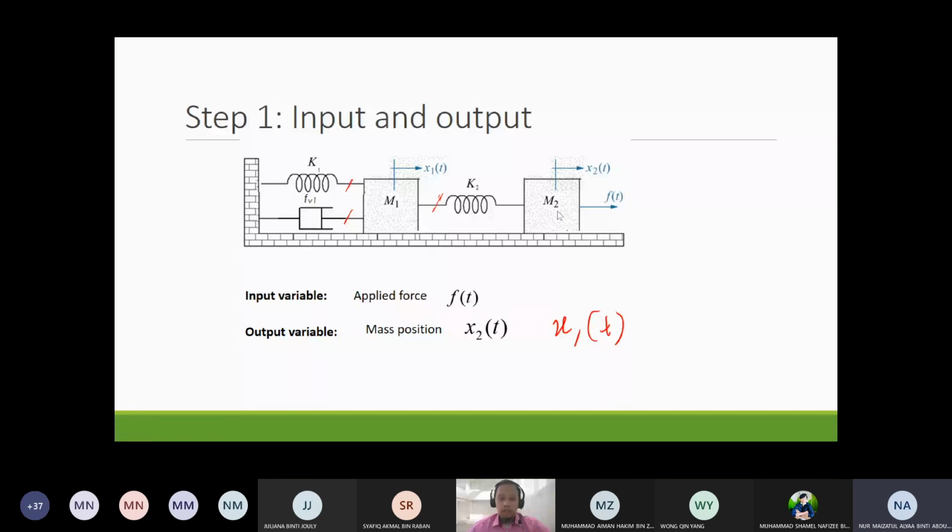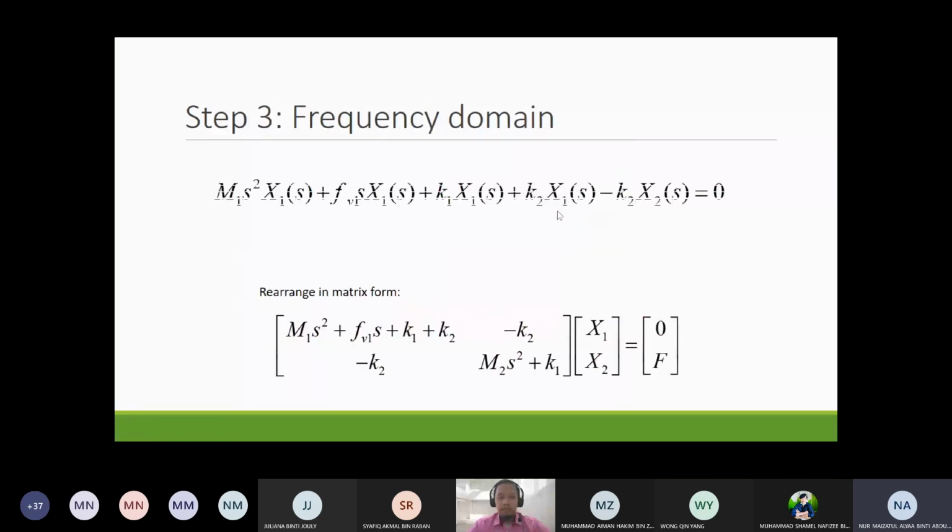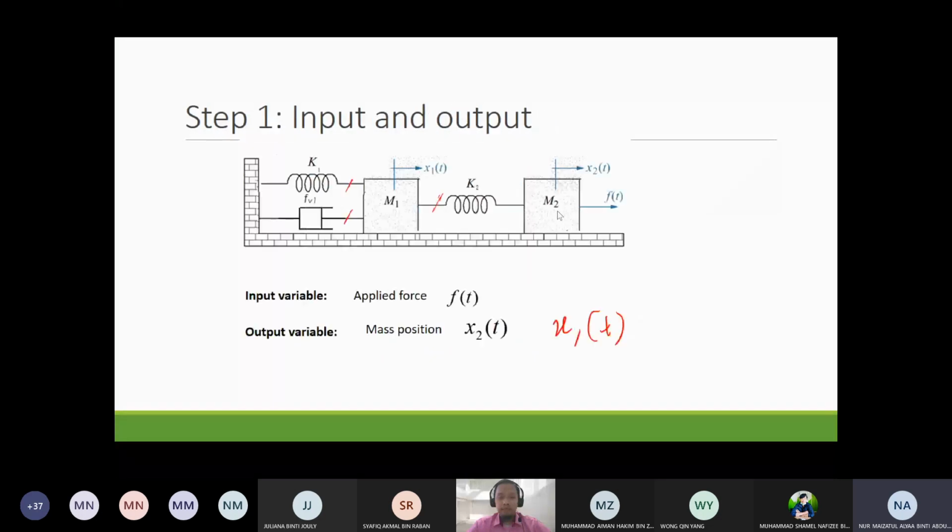Okay, so let's draw. We have identified three elements, and because the box has a mass M1, then we need to consider the inertia as well. Okay, so I draw the free body diagram number 1 first.